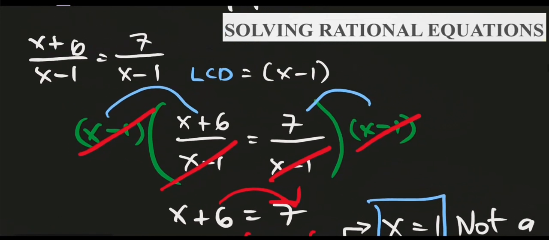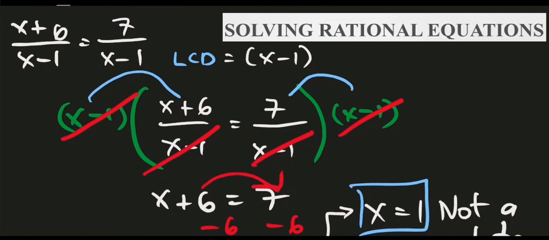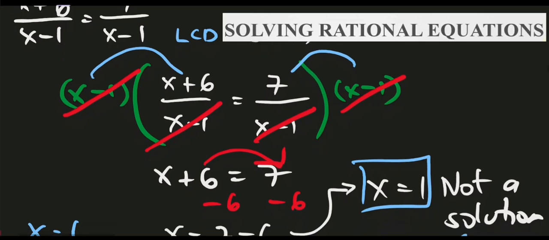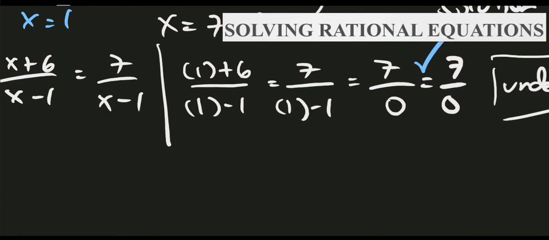Therefore, the answer for this given problem is no solution. Right? So that is the concept of checking. Again, what is the value of x? According to our solution, we have this x as 1, right? So that 1 is actually called an extraneous solution.